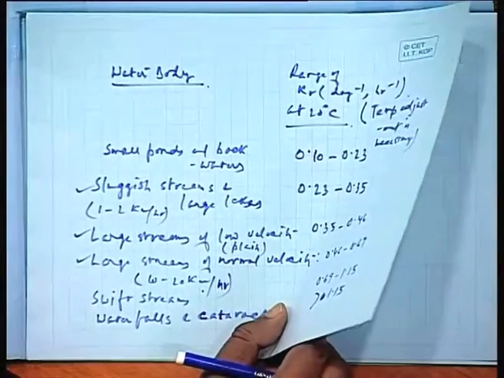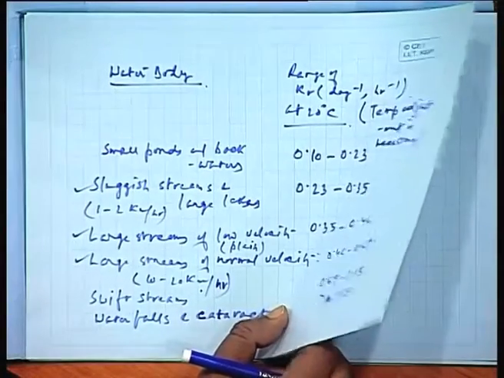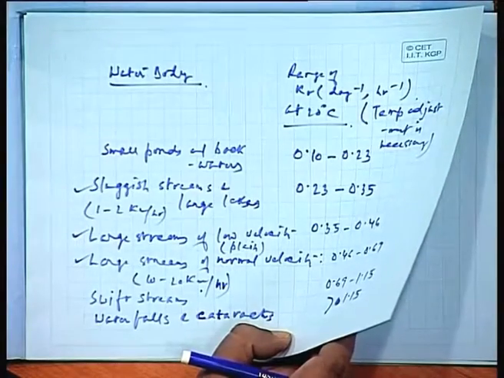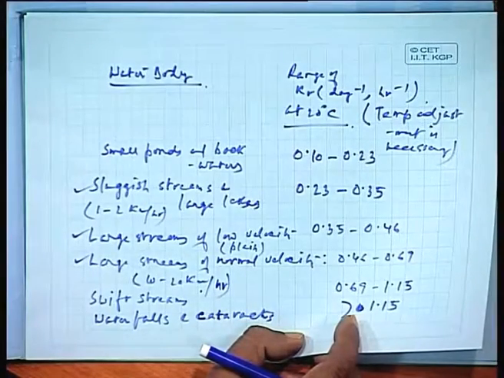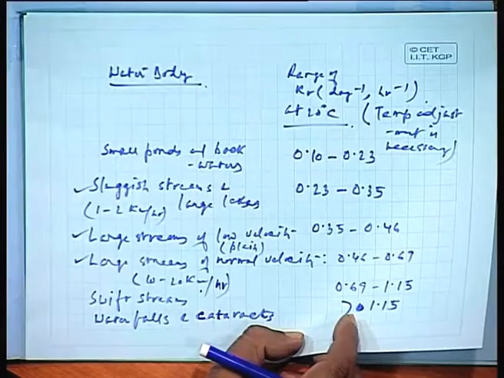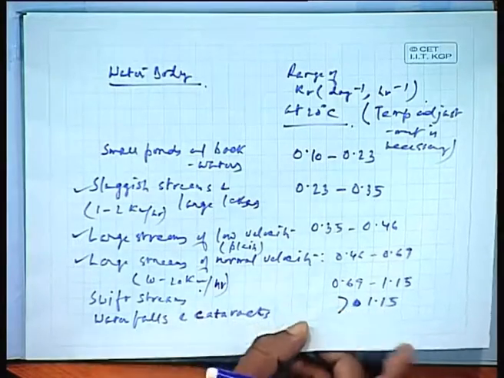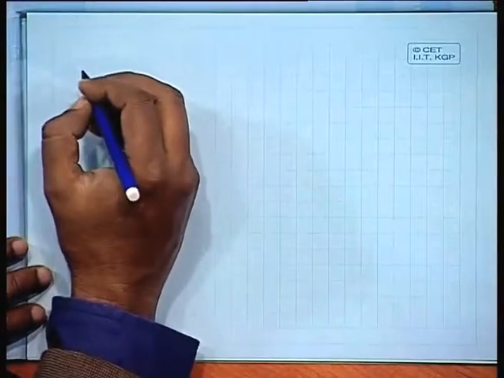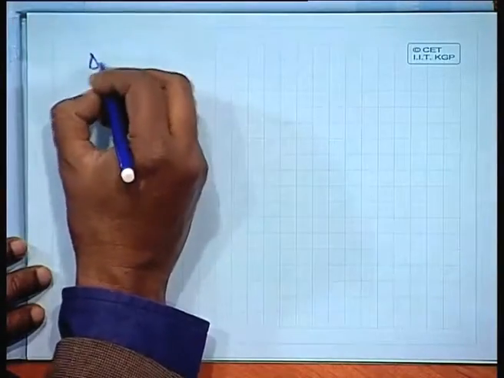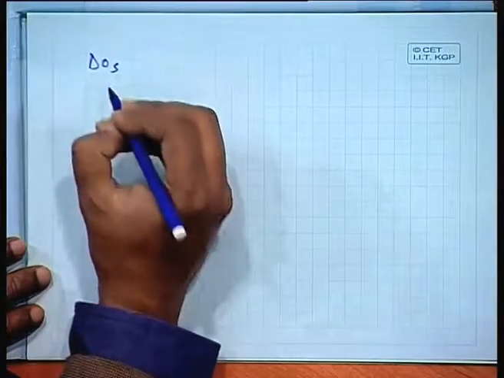This is about the water body, having the range of KR, that is, the reaeration rate coefficient KR, that we generally observe like this. Another important thing is DO saturated.